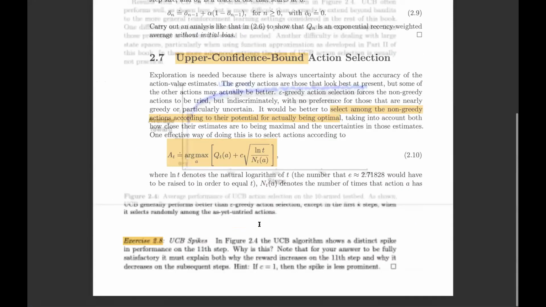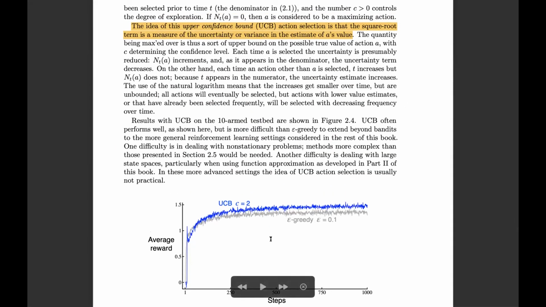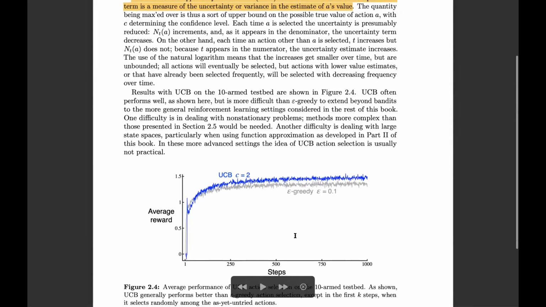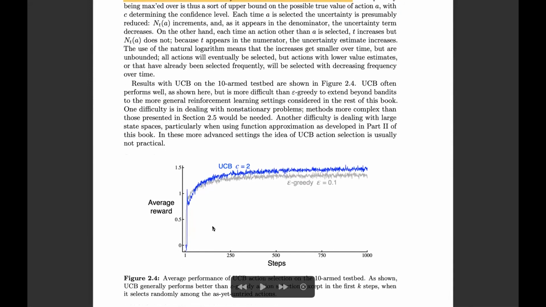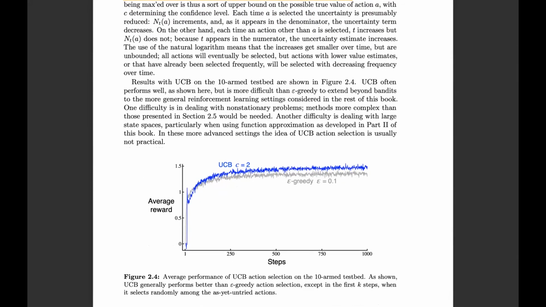There's a small graph in the book where they show how, as steps increase, it tries to explore, and it takes a dip with respect to explore and greedy. But then all of a sudden it takes a spike and gradually increases.